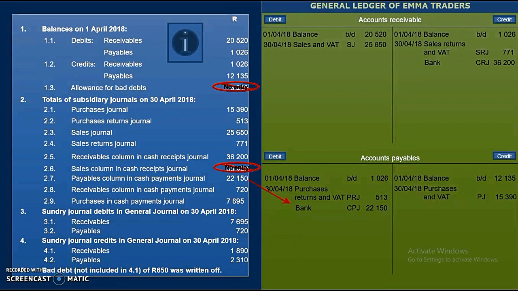The receivables column in the cash payments journal represents payments made to debtors. This can be as a result of an overpayment received from them. It's therefore a refund. It should go onto the debit side of accounts receivable. Amounts paid by them go onto the credit side, and amounts refunded to them go onto the debit side.